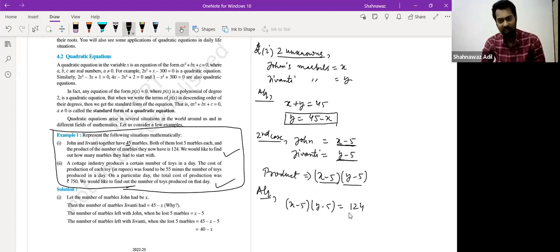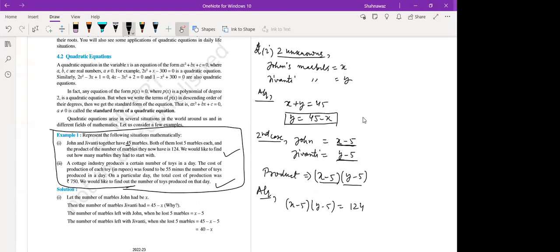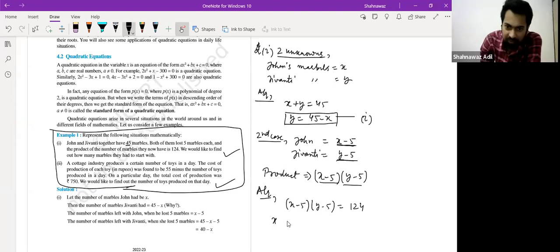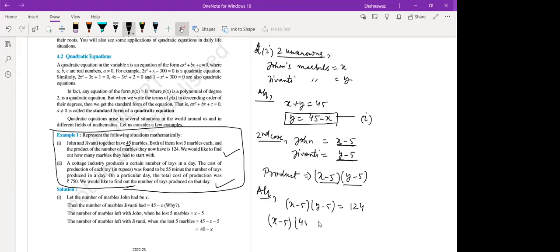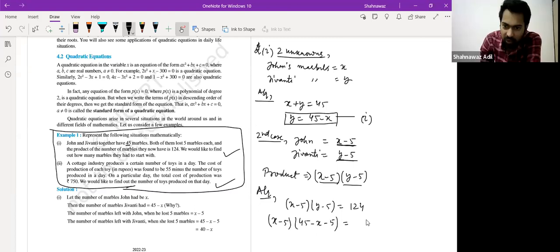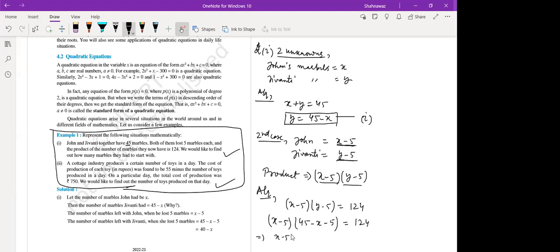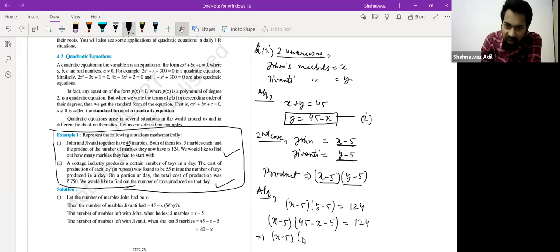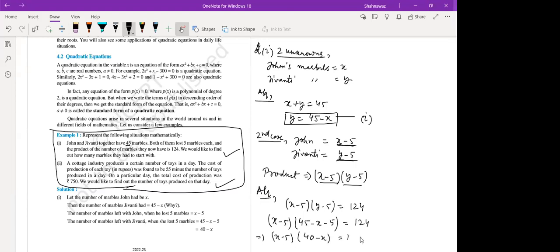Now we have to make the quadratic equation out of it. So we know the value of Y from here, right? So Y is 45 minus X, minus 5. Right, this is 124. So this is 45 minus 5, so 40 minus X, and X minus 5.